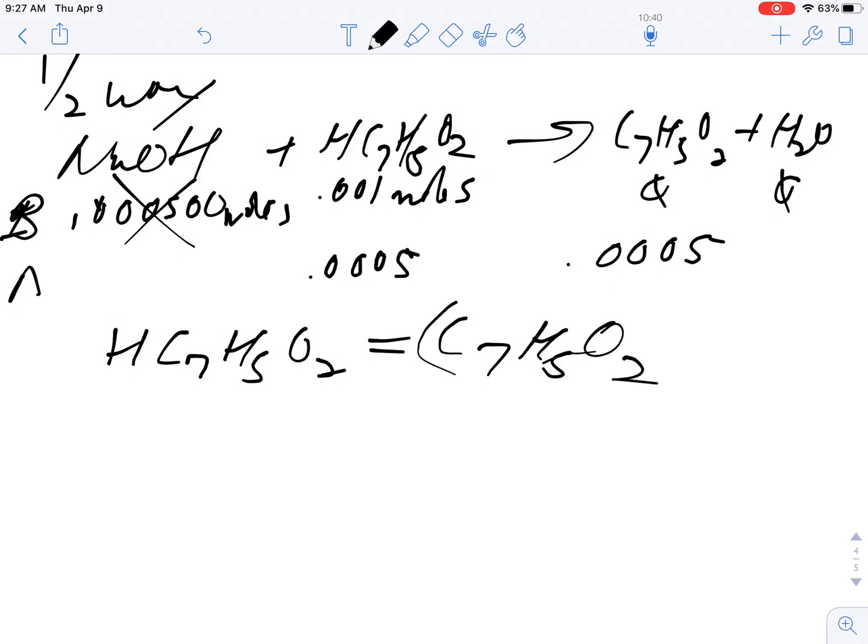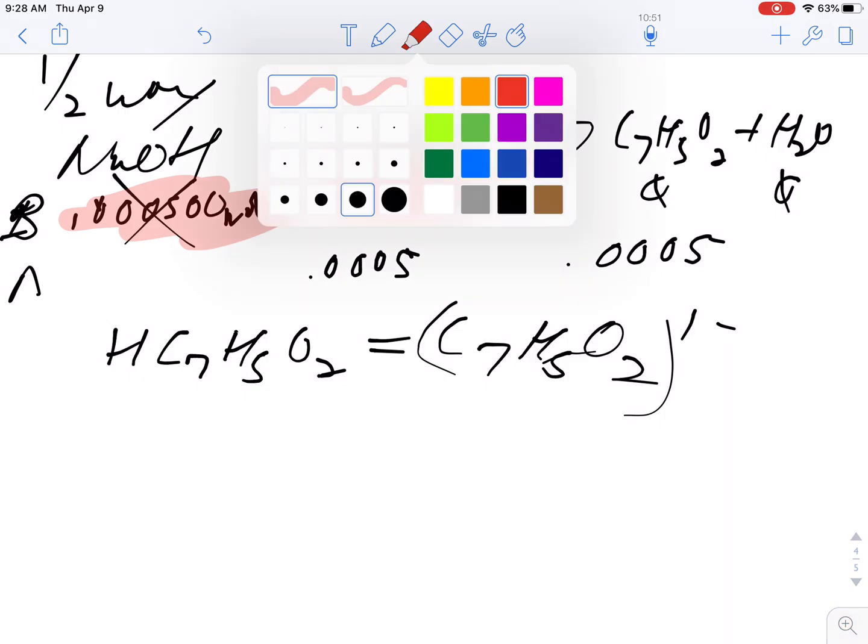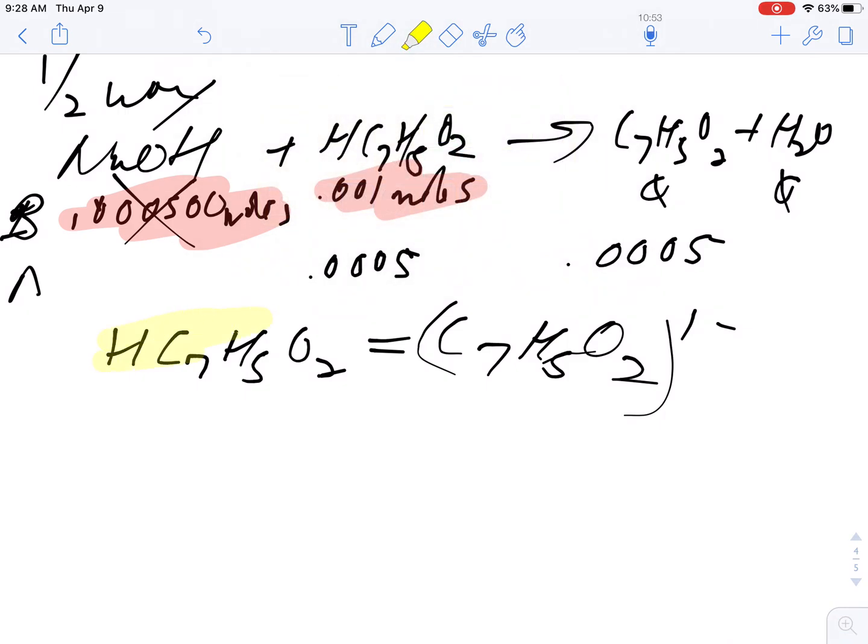It's important to keep those things clear. At halfway to the equivalence point, this number is half of this number, but your moles of weak acid and conjugate base are equal.